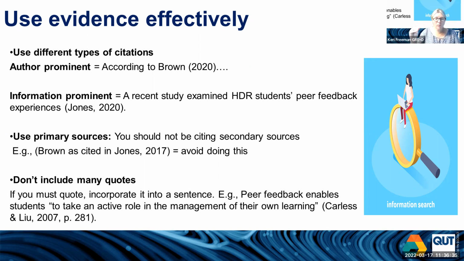I want you to incorporate it into your sentence, like the example I've got there. Keep quotes to a minimum though. What's minimum? Not even one a section. Maybe one a section. Within a chapter, you wouldn't have more than 3 or 4.